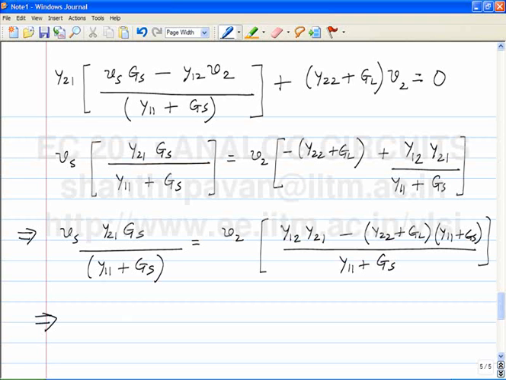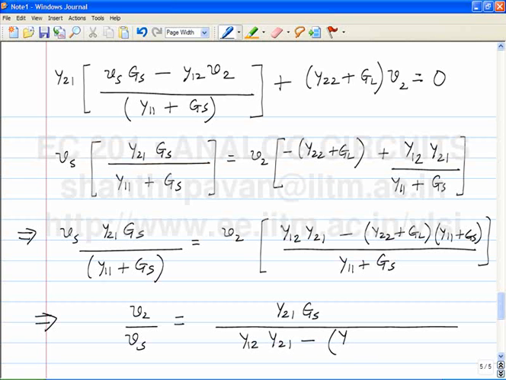Finally, we get what we want, which is V2 by Vs is Y21 Gs divided by Y12 Y21 minus Y22 plus GL times Y11 plus GS.